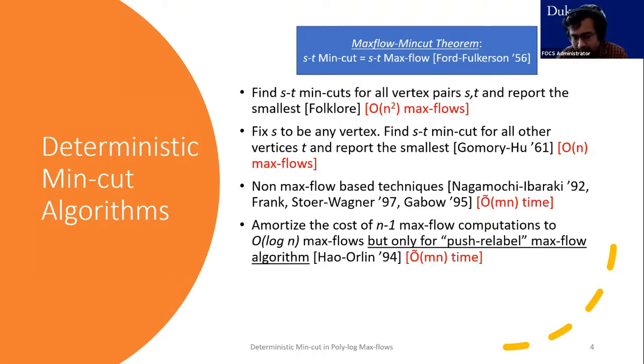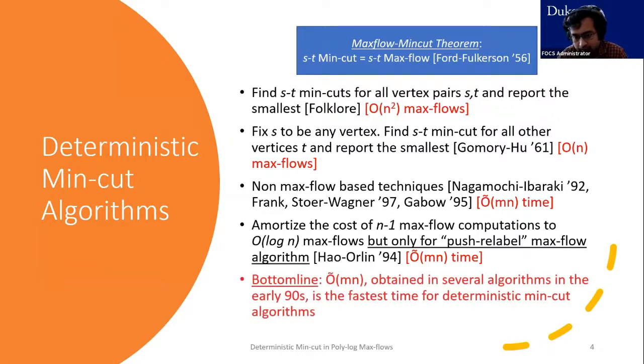But the catch was that this only works for a specific max flow algorithm, in particular the push-relabel algorithm of Goldberg and Tarjan, which was indeed the best max flow algorithm of the time. So that's the bottom line. We were at mn time, and that's where we were stuck for about 20 years.